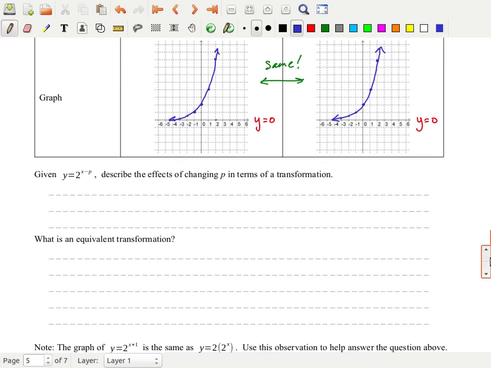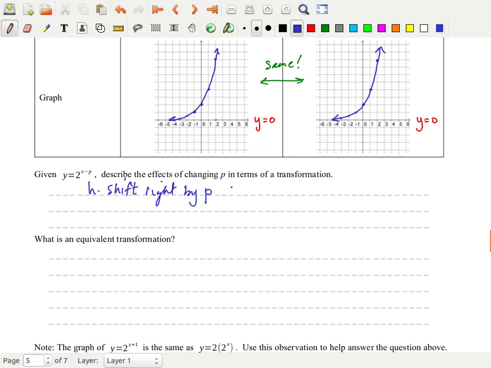So first of all, let's talk about this transformation in general. 2 to the x minus p. So this is a horizontal shift right by p. And just remember, I say right by p, but if this was x plus 3, then of course we'd have to shift our direction.